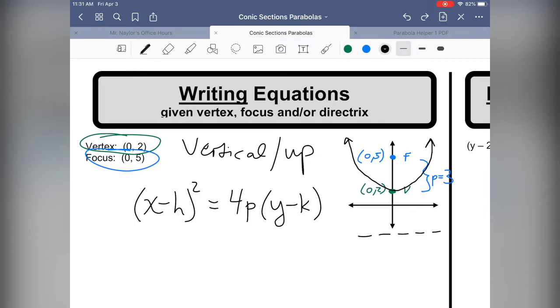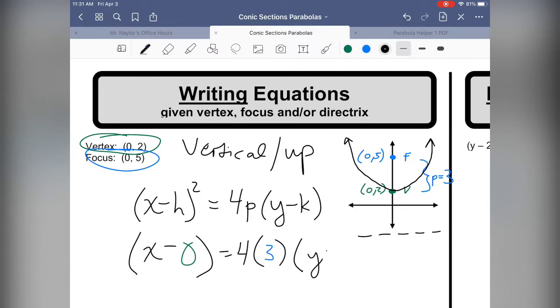So when we start filling some numbers in here, like filling in the vertex, I hope that you're going to fill in a 0 for h. You can also fill in a 3 for p, and keep the 4 there. Okay, so it's 4 times 3. And then, of course, you can fill in the other part of your vertex.